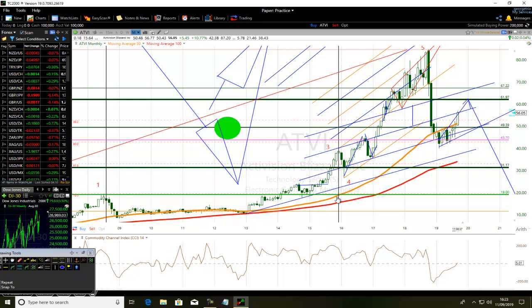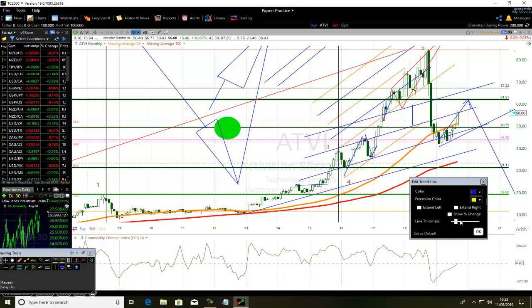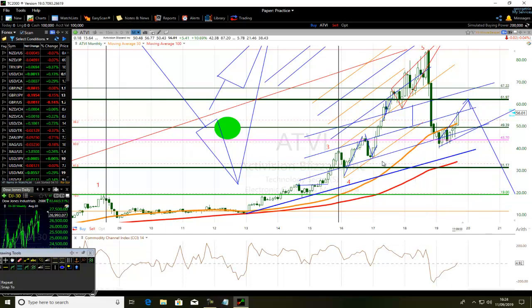And I want you to select the low. I prefer to use this low here, the low of December 2016. So you select that low here, and you draw a line that is parallel to this trend line here. So with those things in place, you will be able to see on your chart a channel like this.